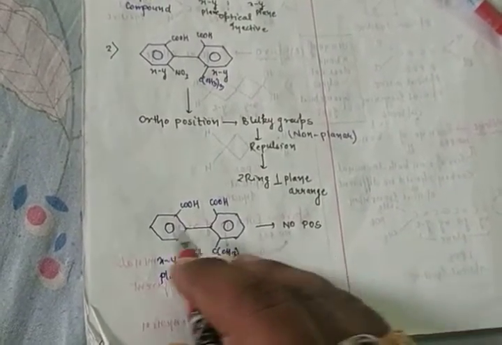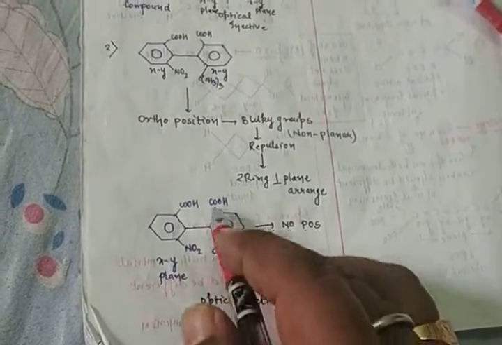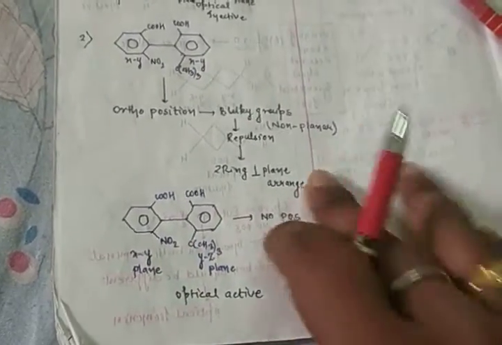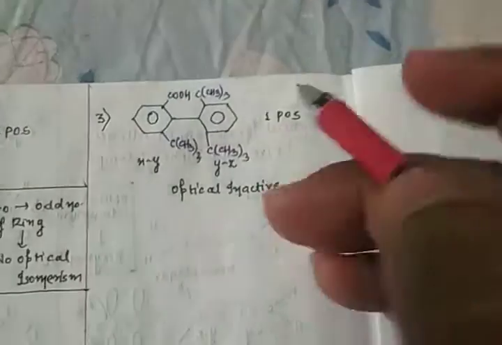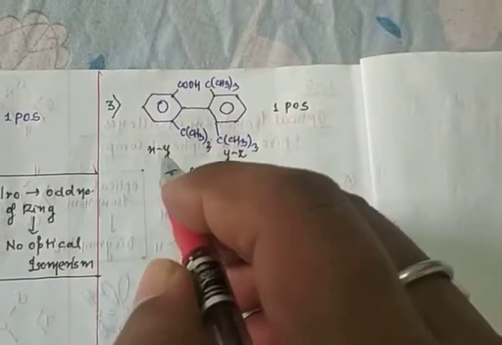Look, the groups are different. Just you cut from that side, so one COOH is different, NO2 is different. If we cut from that side, the groups are different. It means optical active.